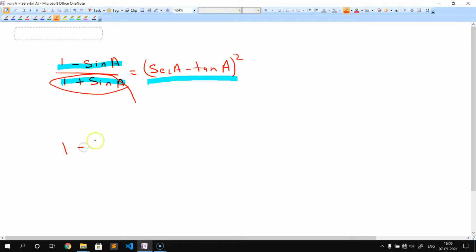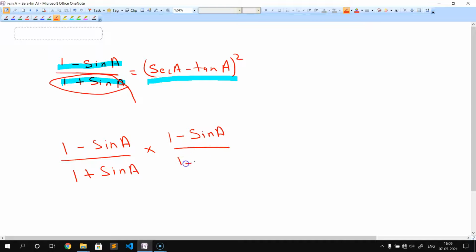Let's see how to rationalize it. 1 plus sine A. We will multiply the numerator and denominator by the opposite sign of the denominator, which will be 1 minus sine A upon 1 minus sine A.